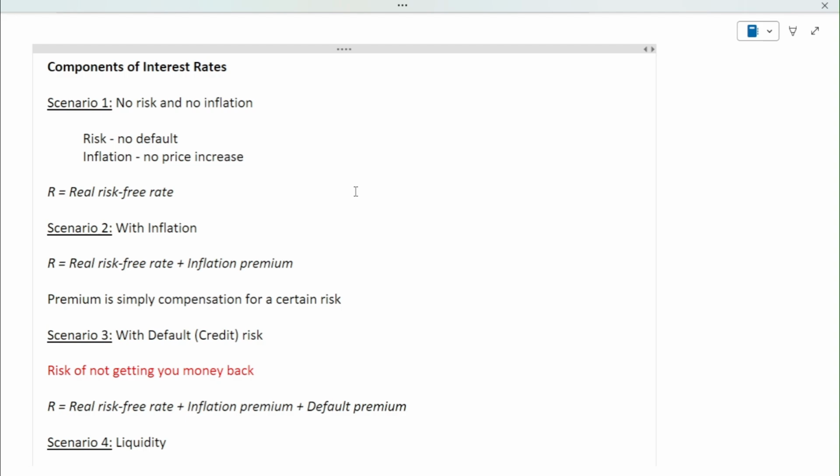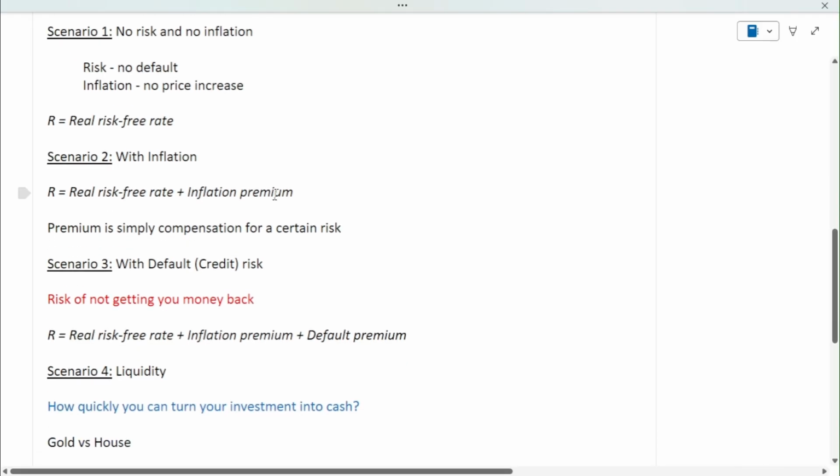When there is no inflation, your money does not lose its purchasing power. Meaning, if you would buy a kilo of apple for $1 today, you will still be able to buy it for $1 in the future. Alright, in this setting, you would expect the interest rate, which we denoted as R here, to be equal to real risk-free rate.